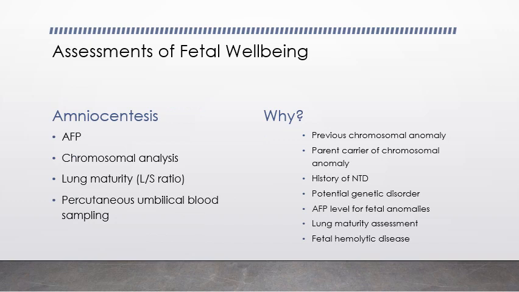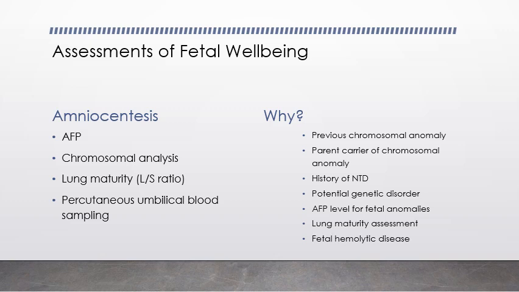The next test that I want to talk about is an amniocentesis, and this could be for an alpha fetoprotein, which again is associated with neural tube defects. It could be done for a chromosome analysis, so they may withdraw fluid and then they might do a fetal karyotype, looking for different anomalies, genetic anomalies.